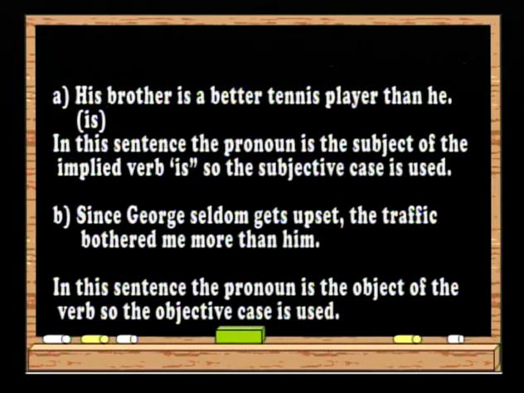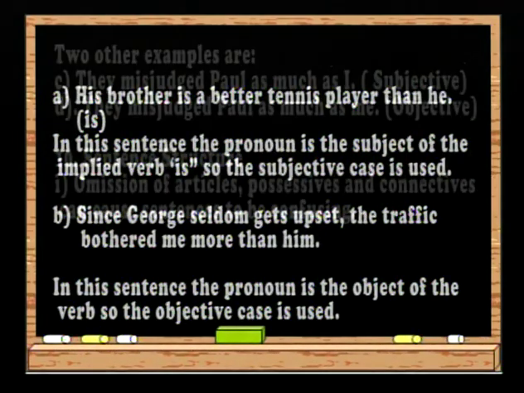In this sentence, the pronoun is the subject of the implied verb is, so the subjective case is used. Since George seldom gets upset, the traffic bothered me more than him. In this sentence, the pronoun is the object of the verb, so the objective case is used.